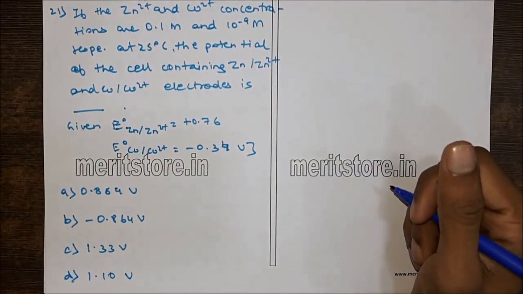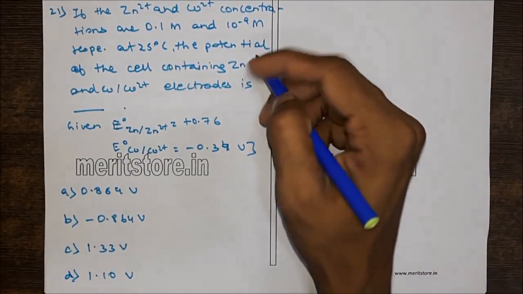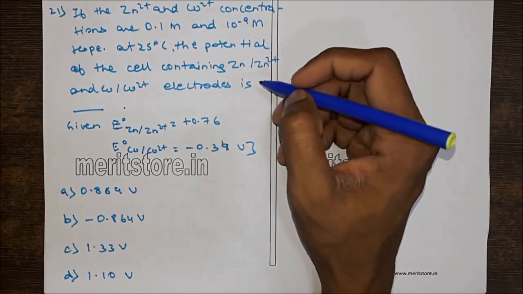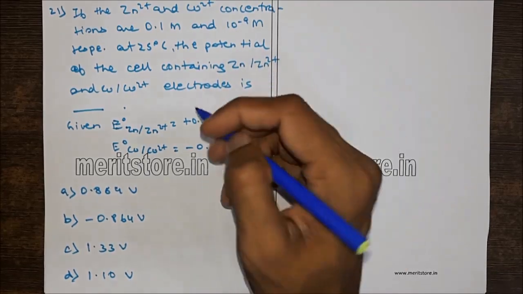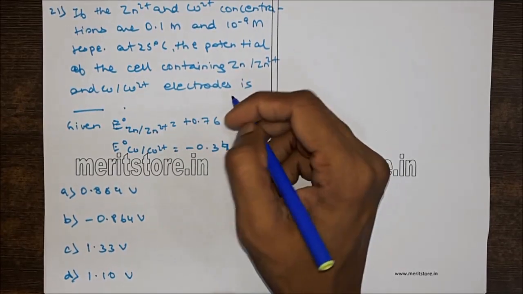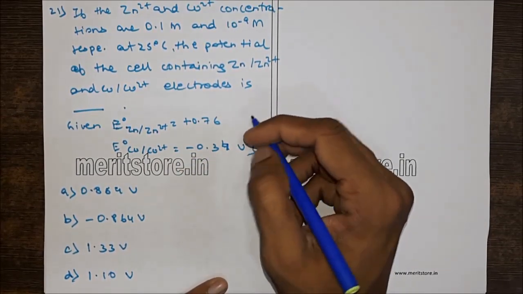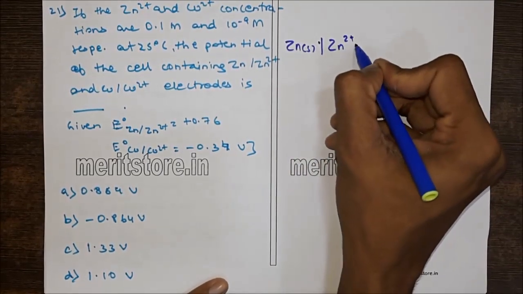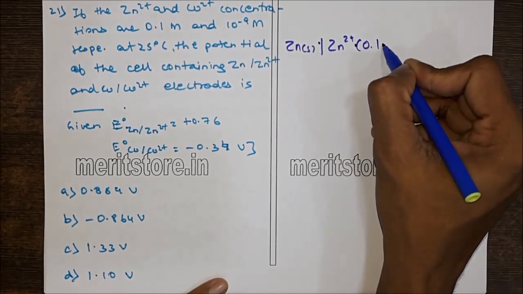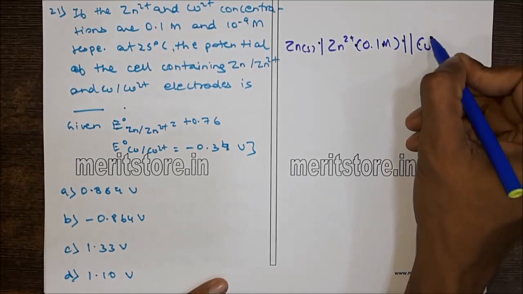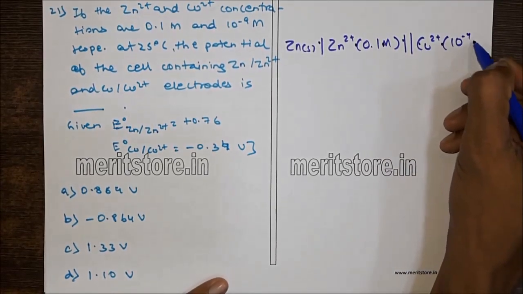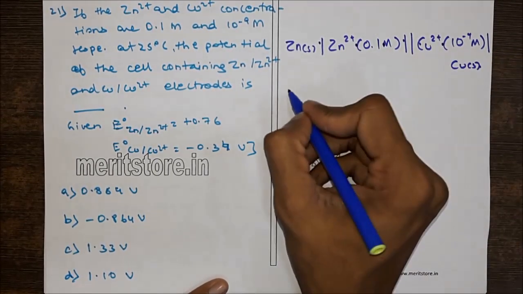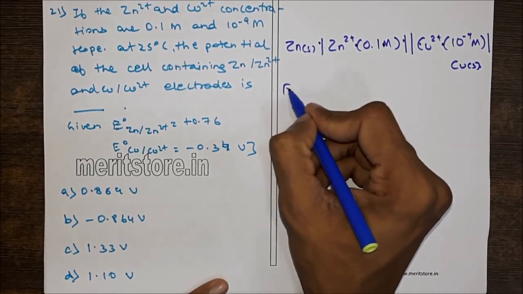Question 21. If the zinc and copper ion concentrations are 0.1 molar and 10⁻⁹ molar respectively at 25 degrees Celsius, the potential of the cell containing zinc or Zn²⁺ and Cu²⁺ electrodes is asked. We're given the cell representation.